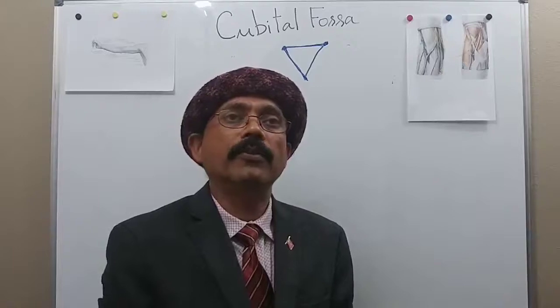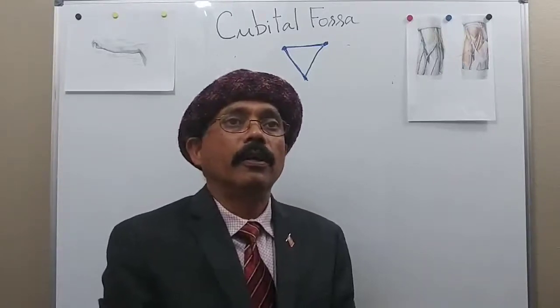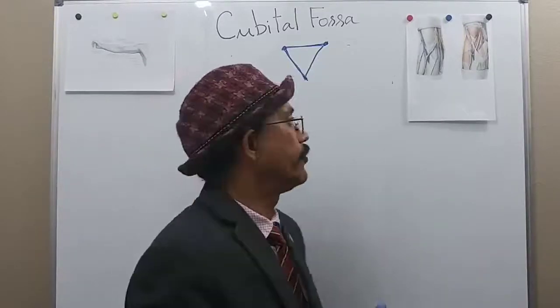The roof is formed by the skin, superficial fascia, the deep fascia, and bicipital aponeurosis.